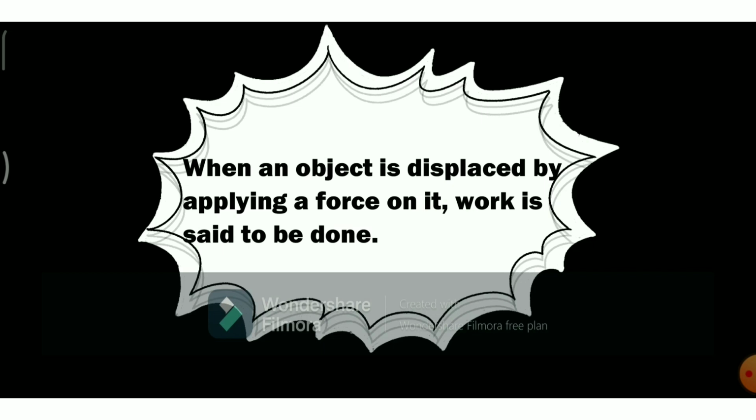Now there is a relation between work done, force and displacement. When you are applying more force, we say that more work is done, but the displacement will remain the same.